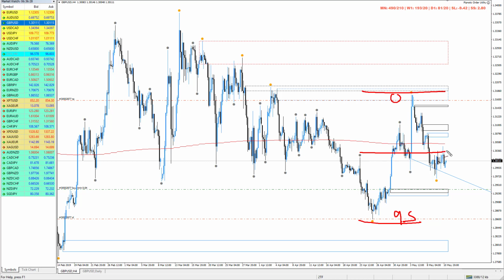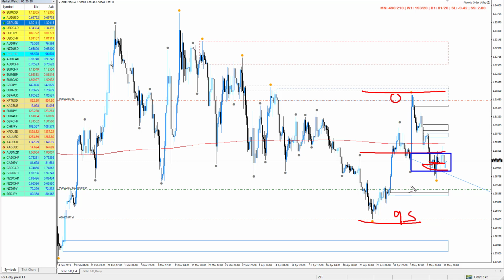We have 50%, which is here. So the only area that you would maybe consider to buy at is this one here, like there. Price went through it, just below it, and then we found some buyers, and price is now busy consuming all the liquidity available in this area here.